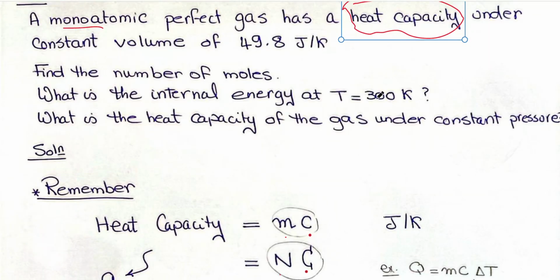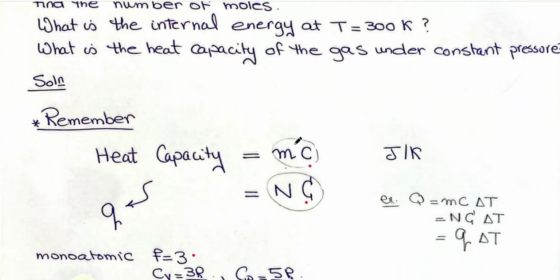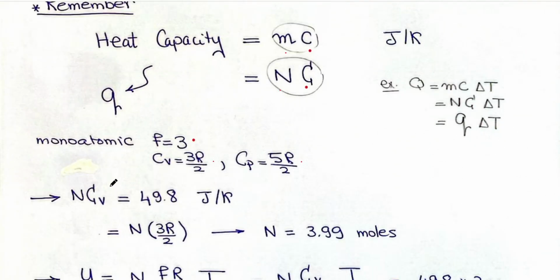It's given that the heat capacity under constant volume is this number. So it is NCV, which is the heat capacity. So NCV 49.8 equals N, and CV is 3R over 2, so you can calculate N as 3.99 moles.